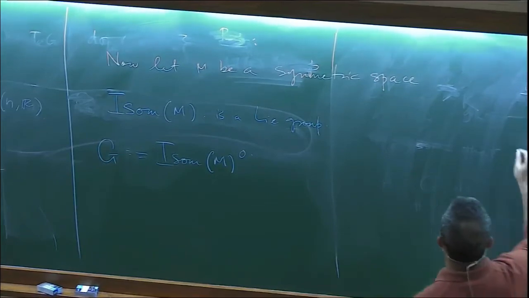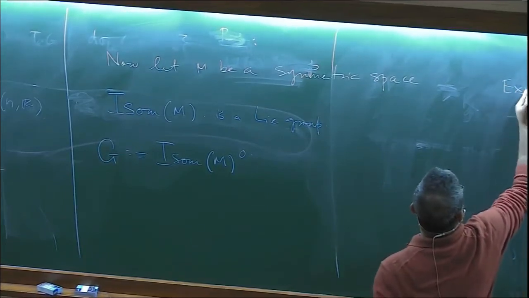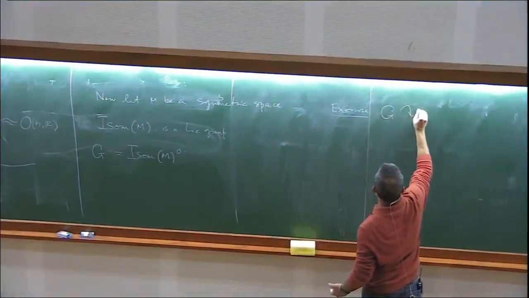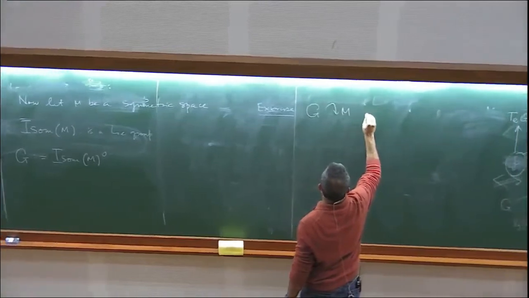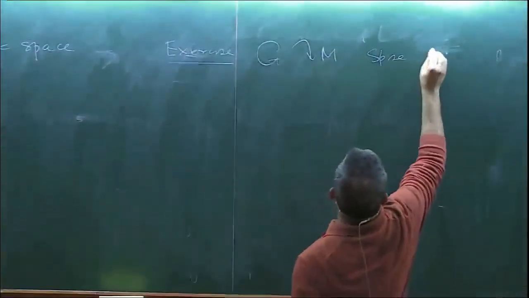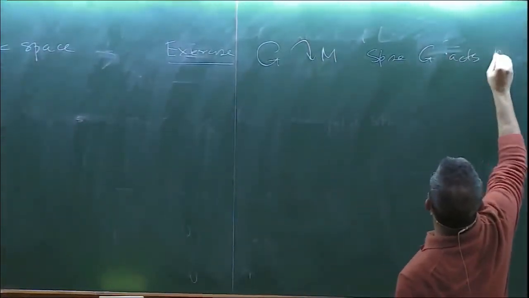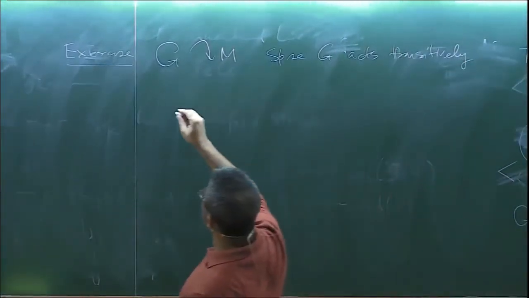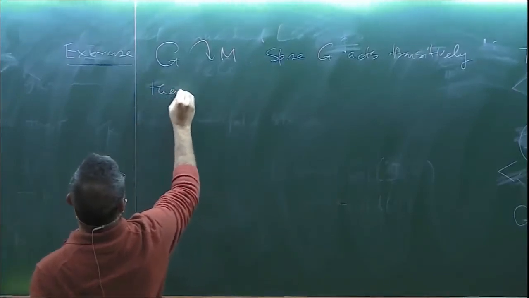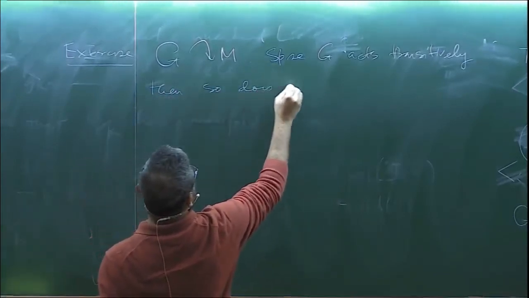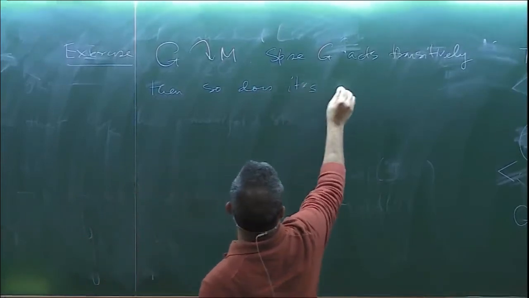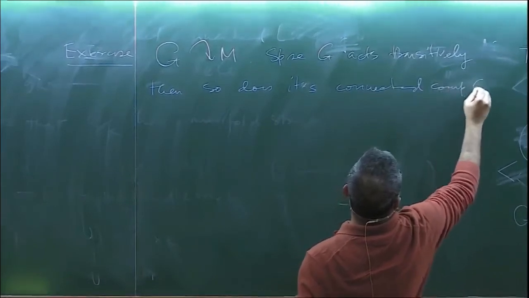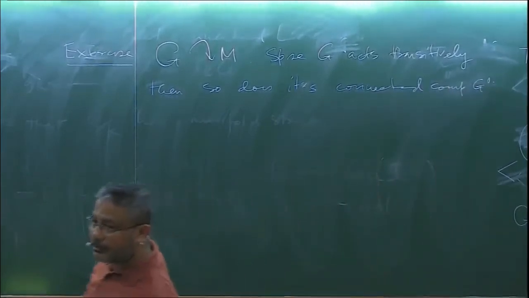So here is an exercise. Suppose G is a group acting on a manifold smoothly. Suppose G acts transitively, then so does its connected component G naught.